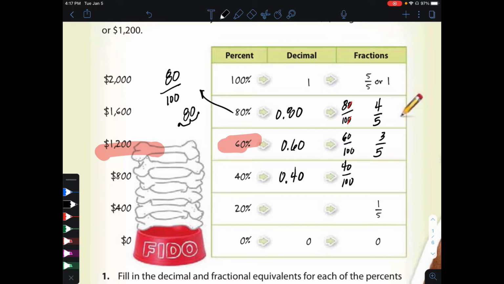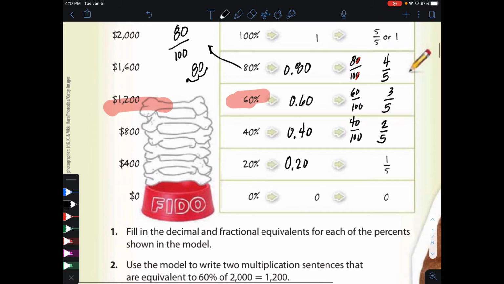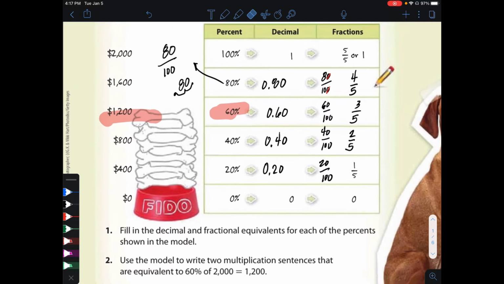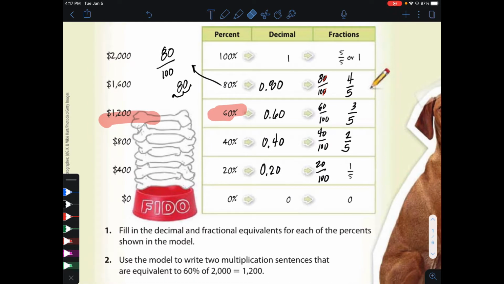Again, when we simplify that, this becomes 2/5. 20% is 0.20 as a decimal, and as a fraction, that's 20 over 100, or simply 1/5. And 0% is nothing more than 0.0, or simply 0 right there. It's given to you.